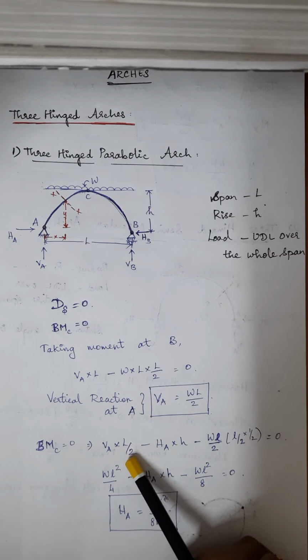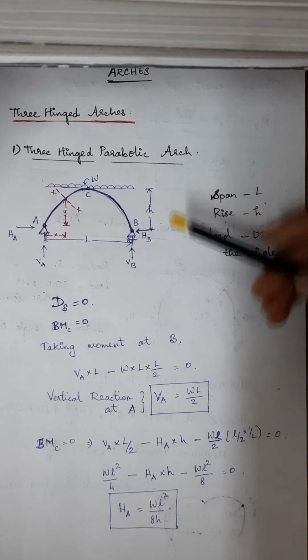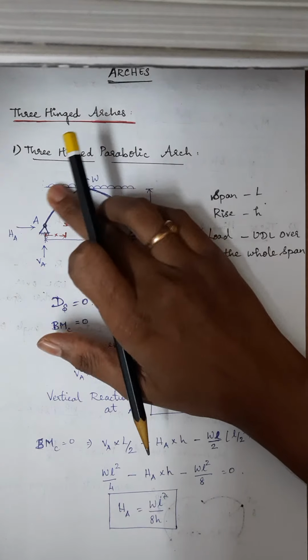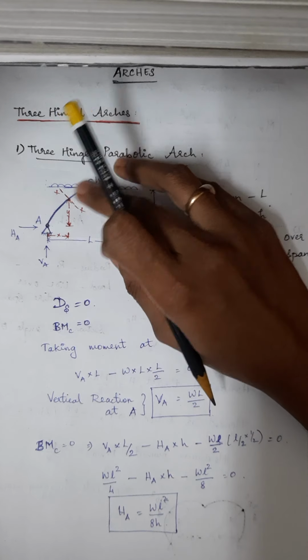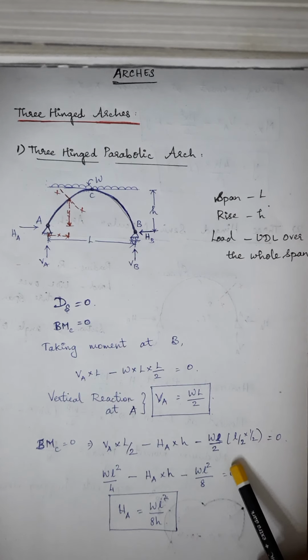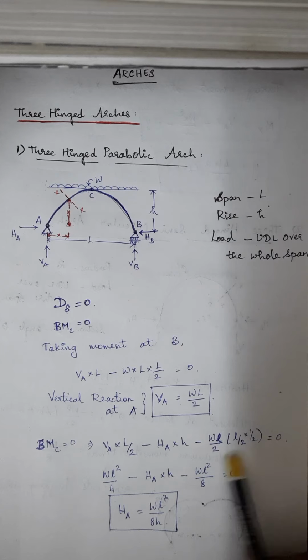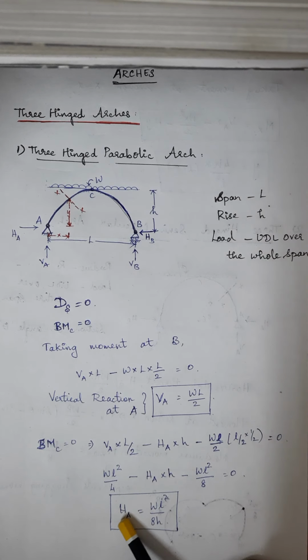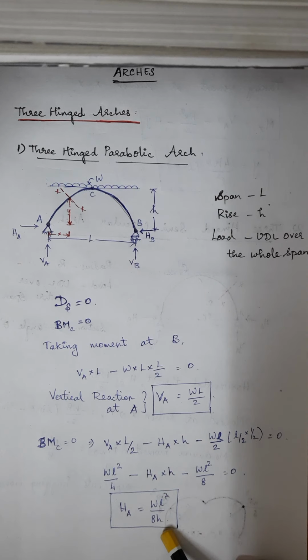VA into L by 2 minus H into rise h, minus the load WL by 2 into the half distance, which will be L by 4, represented here as L by 2 into 1 by 2. By solving this, we get horizontal thrust H equal to WL square by 8h.